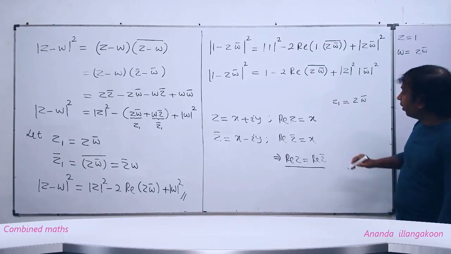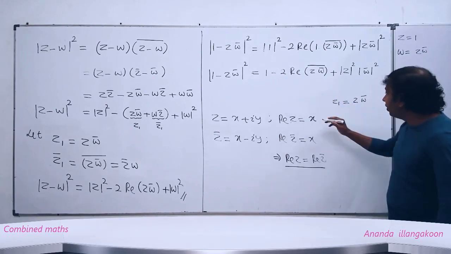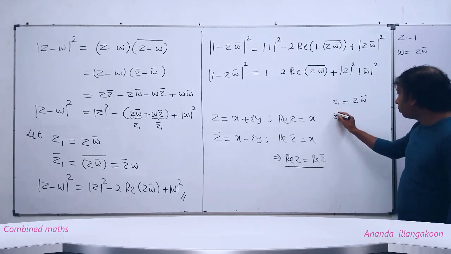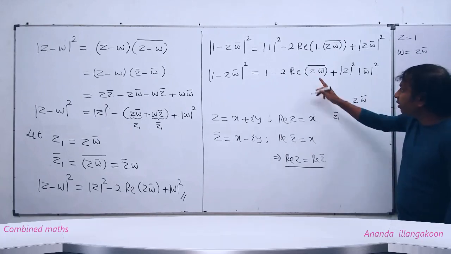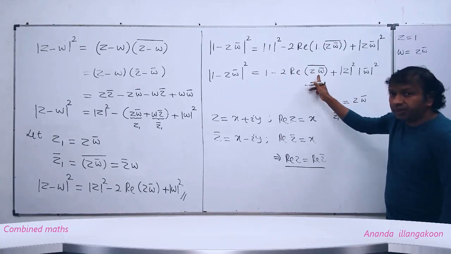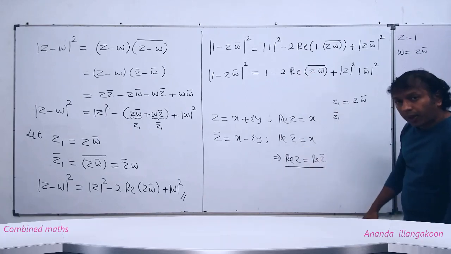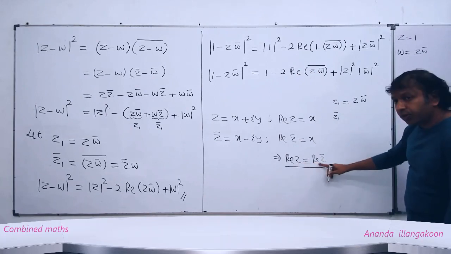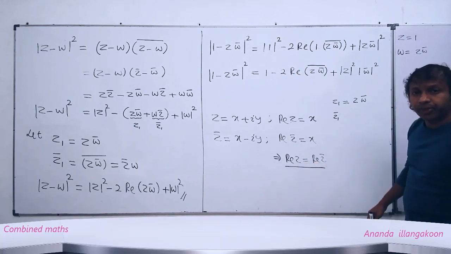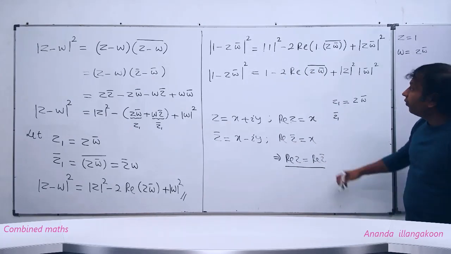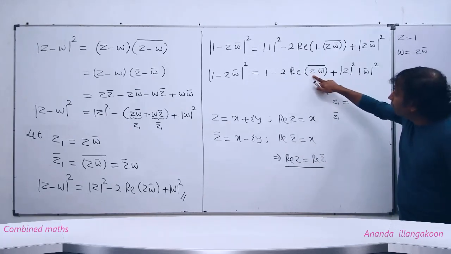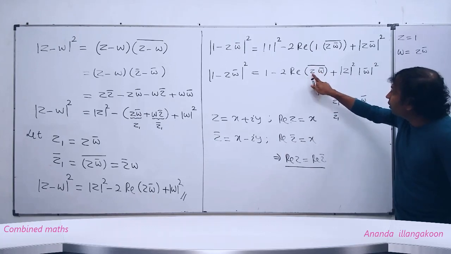Okay. Now what real number do we need? Z1 conjugate. It's a real number, its real part only we need. But here the real part of Z and real part of Z bar are equal. So therefore, we need the real part of the conjugate of this complex number.